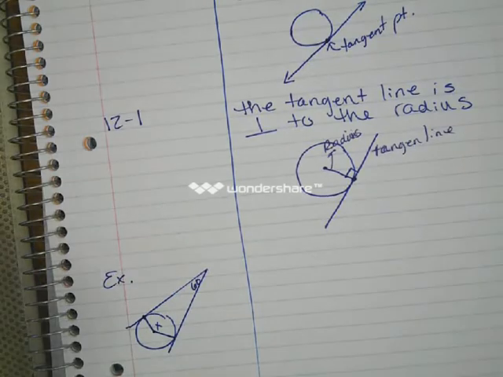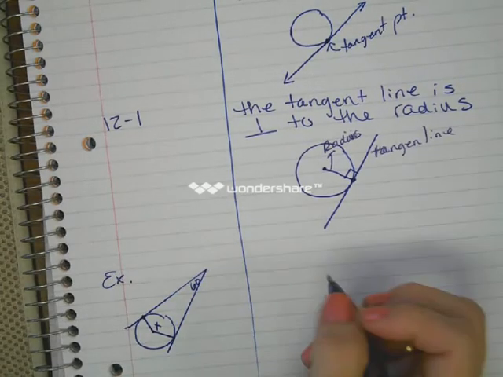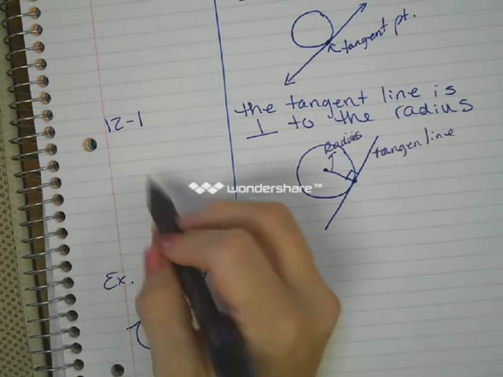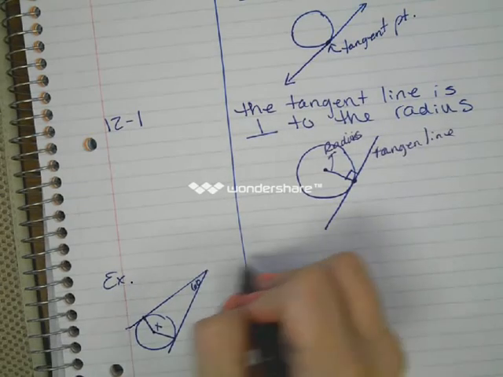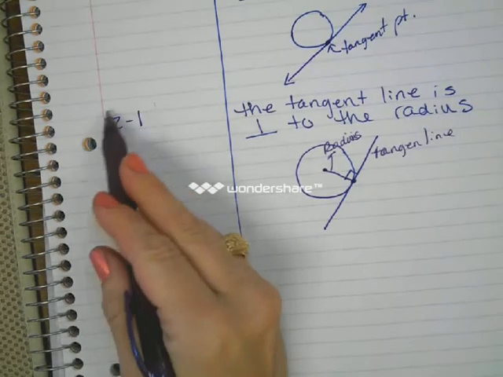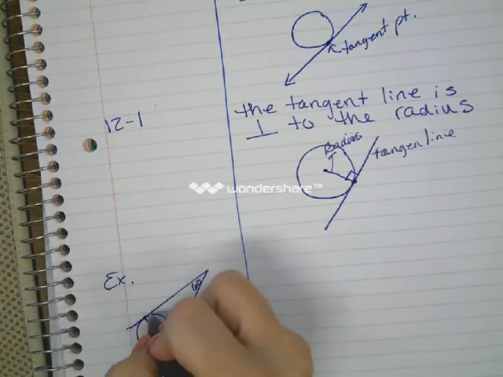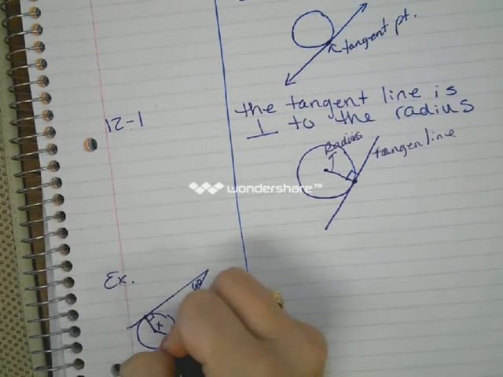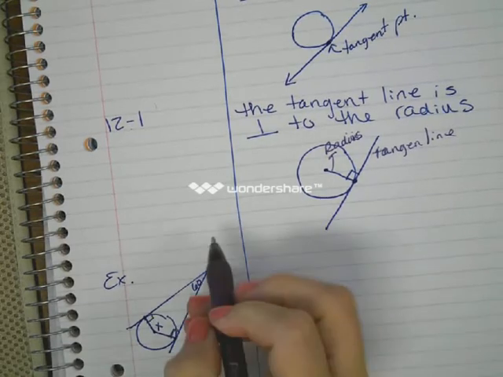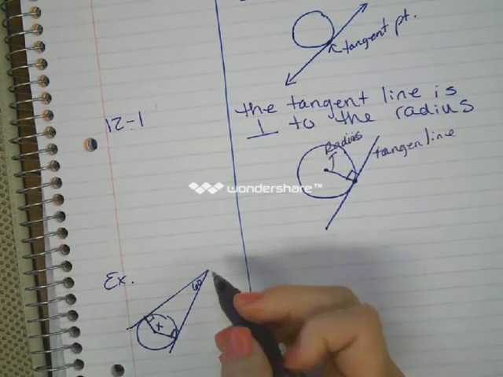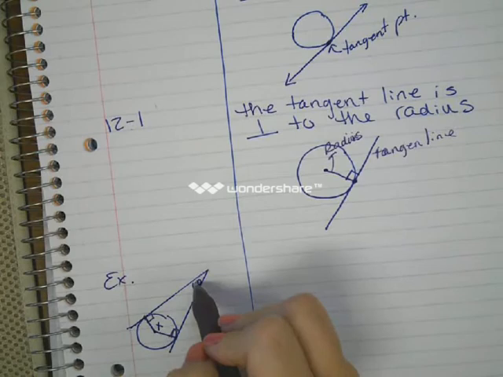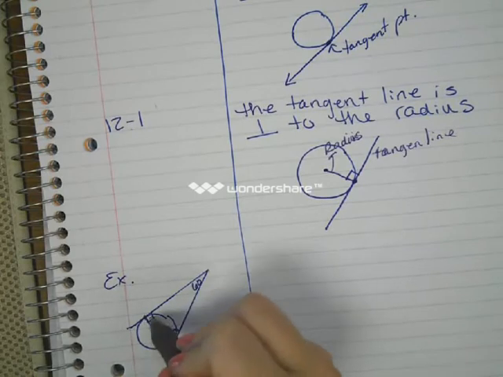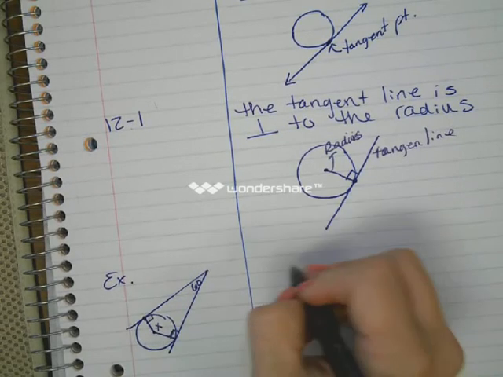Okay. According to this theorem up here, according to theorem 12-1, this is a 90-degree angle. And according to 12-1, this is a 90-degree angle. And according to the section you just learned yesterday, since this is a quadrilateral, all four of these angles should equal 360.